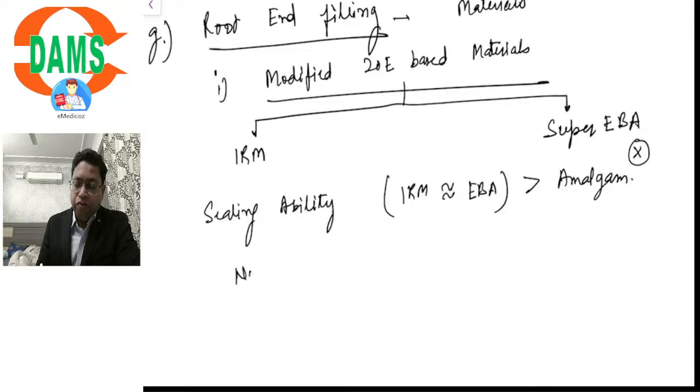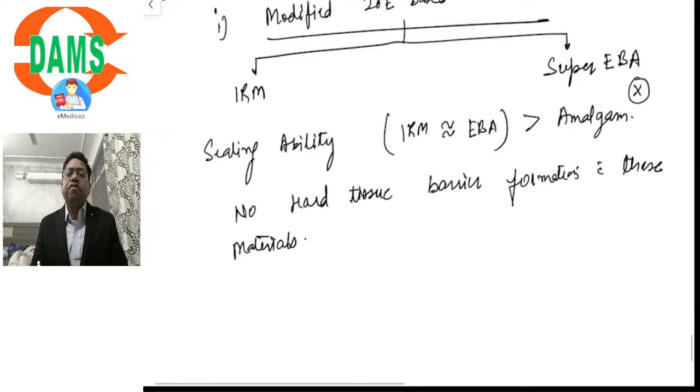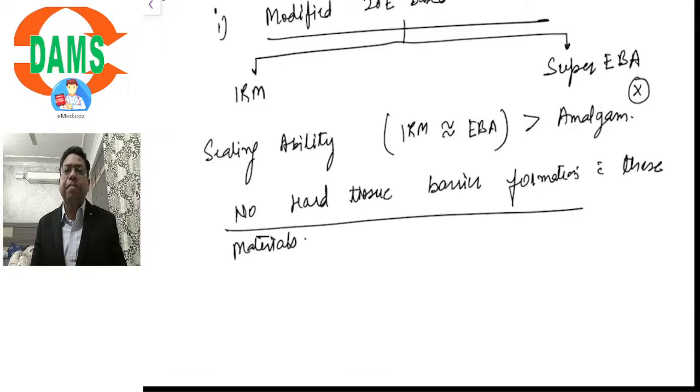There is no hard tissue barrier formation with these materials. What materials? Both Super EBA and IRM have no hard tissue forming capacity. They would simply seal the root apex without any promotion of a calcified barrier being formed against them.